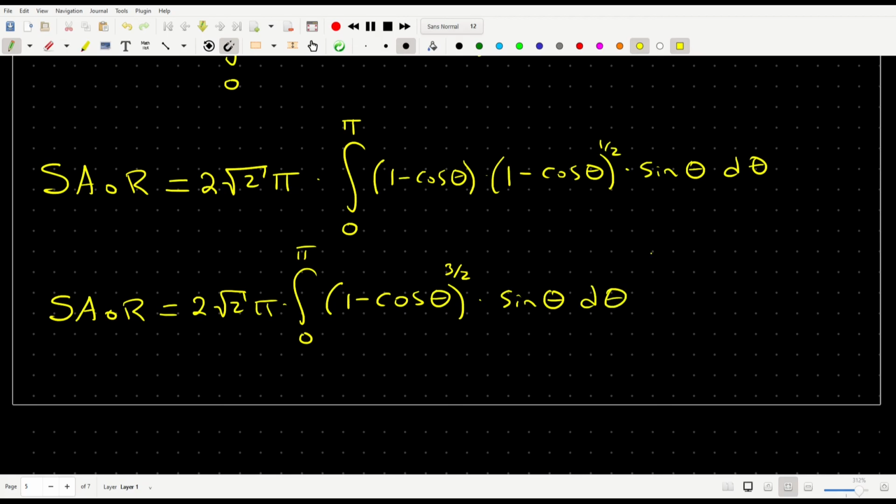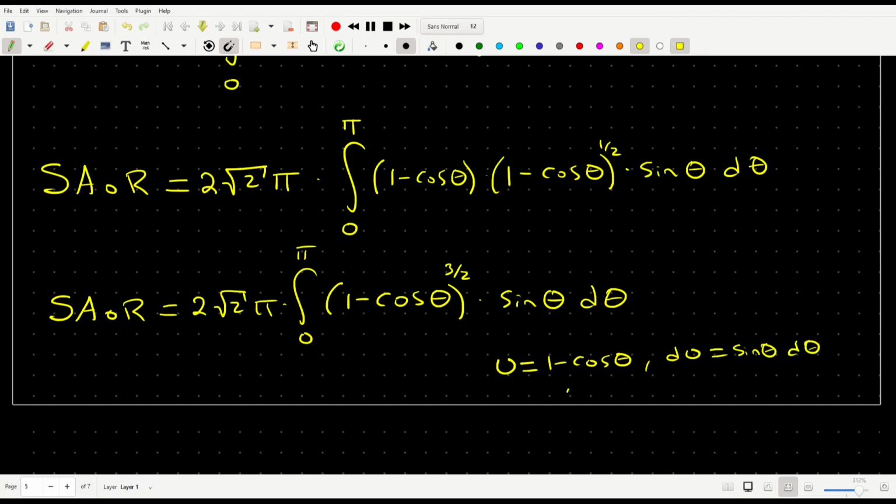And what this means is that we can do a direct u substitution of u is equal to 1 minus cosine theta. So du will be equal to the derivative of this, d theta, which is going to be sine of theta d theta.